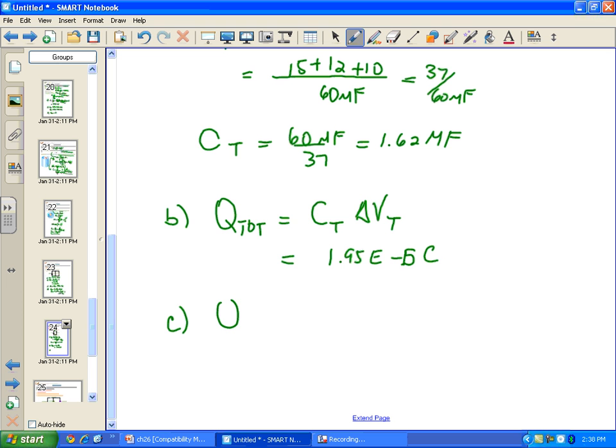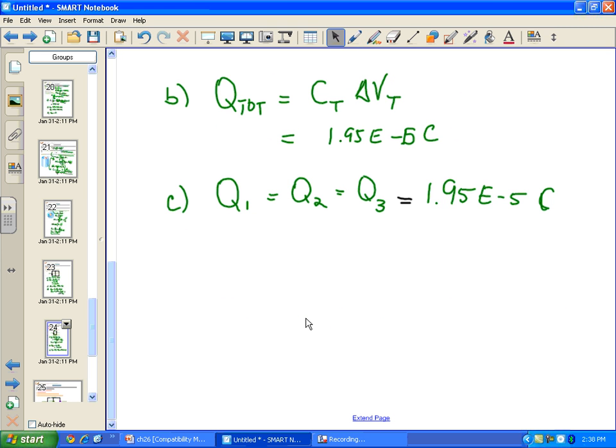Part C asks for Q1, Q2, and Q3. Well, again, they're connected in series, so I know that the total charge will be the charge that each of the capacitors will store. In other words, they all carry the same quantity of charge.